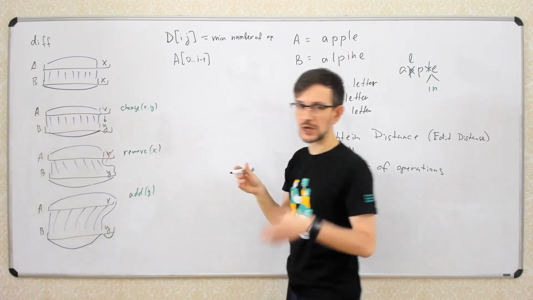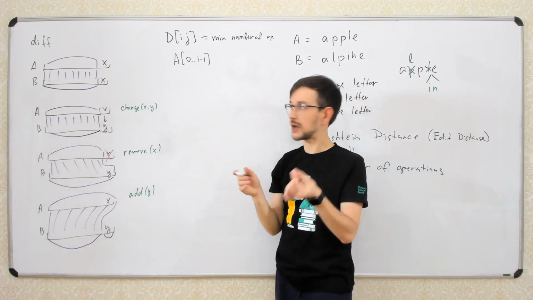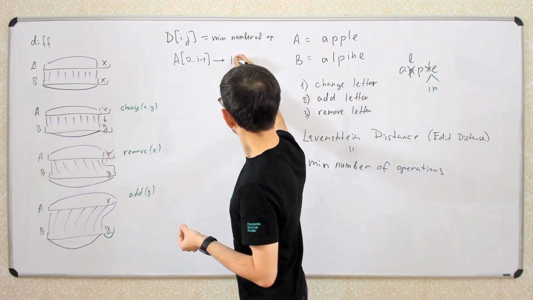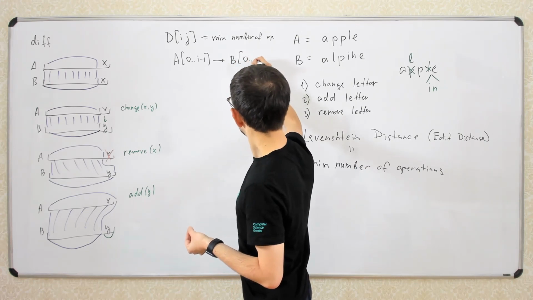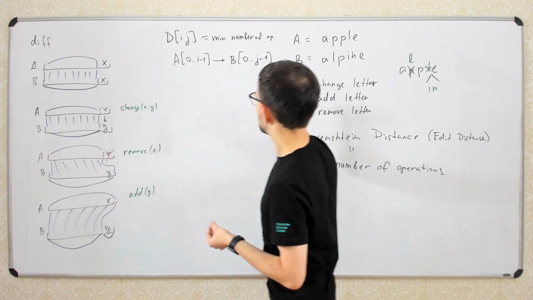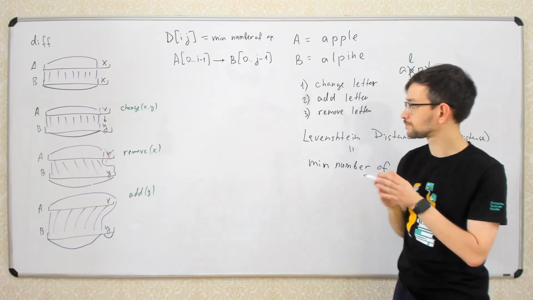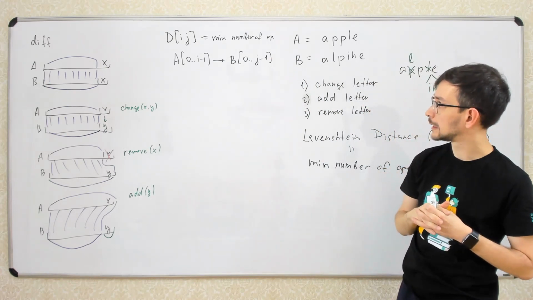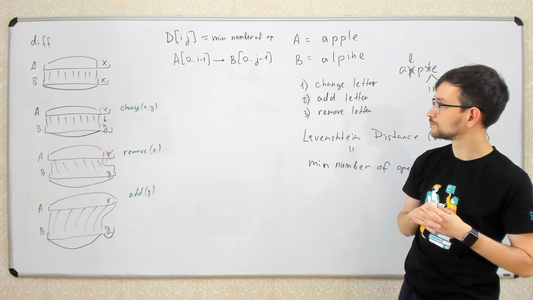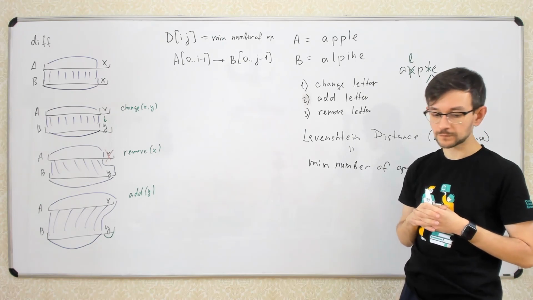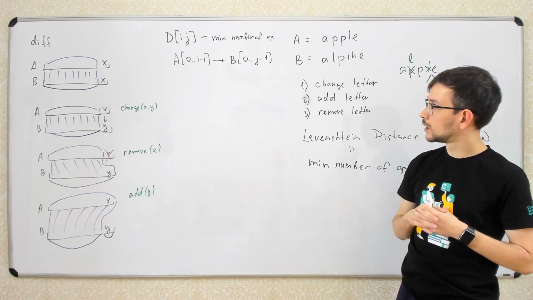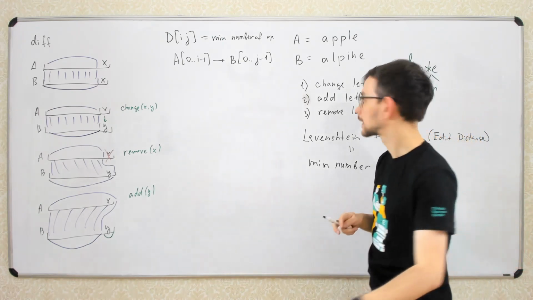So we take first I characters of the string A, and we want to produce first j characters of the string B. Good. That's all.